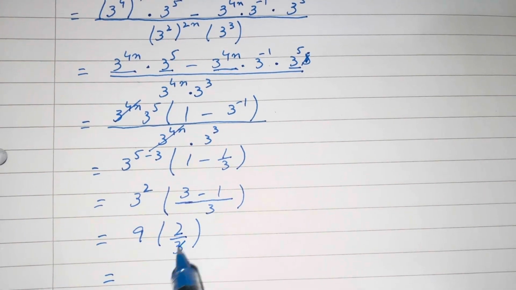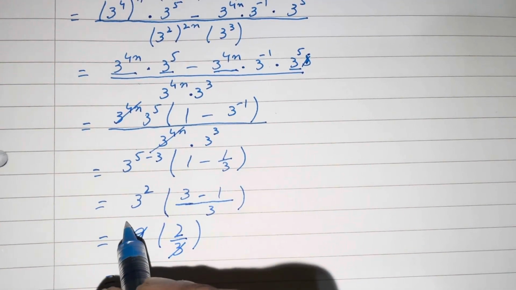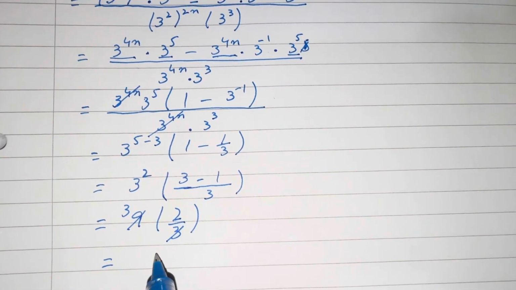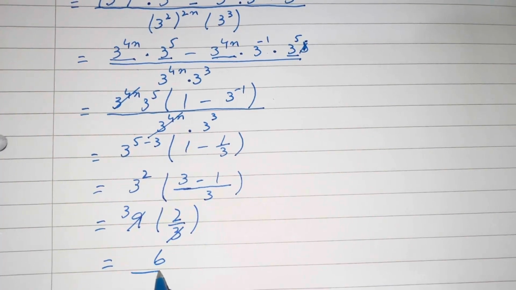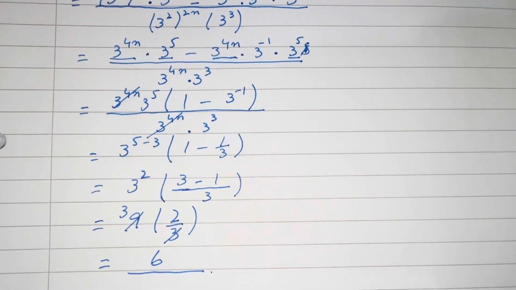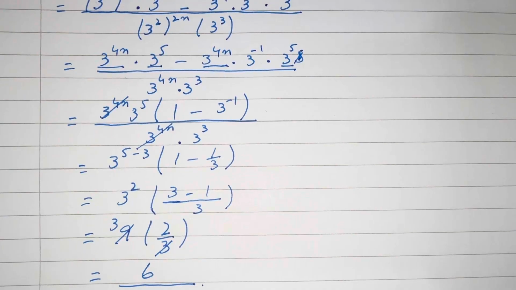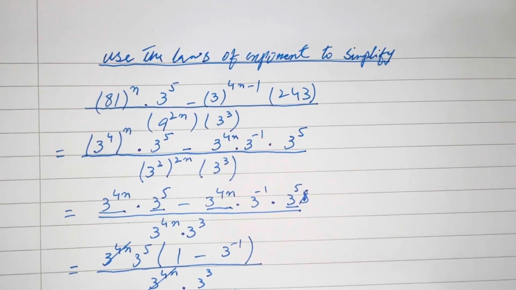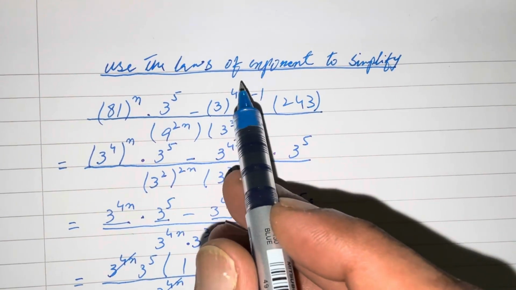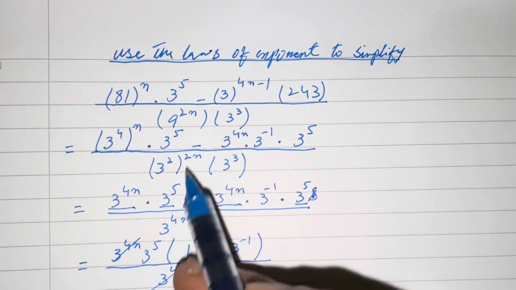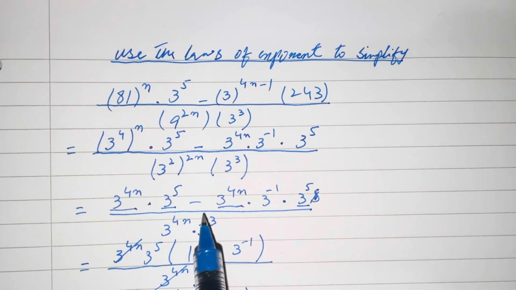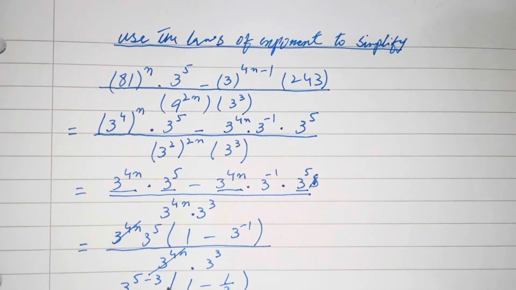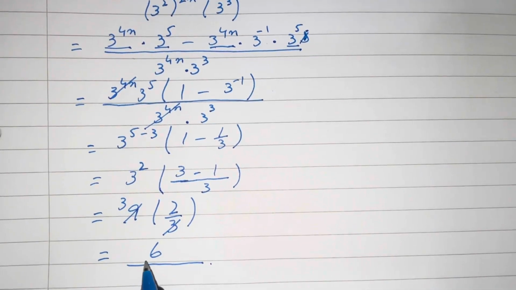And this 3 will cancel with this, 3 3s are 9 and then 3 2s are 6. So that's the answer that we have found, in the form of 6. We have applied some kind of laws of exponents in this question, and then step by step we have simplified this question, and then we have found the answer, number 6.